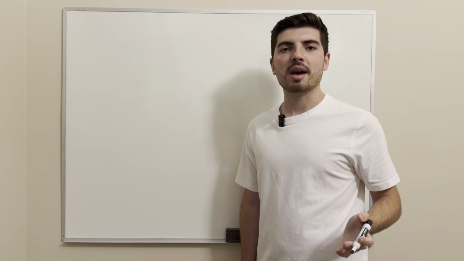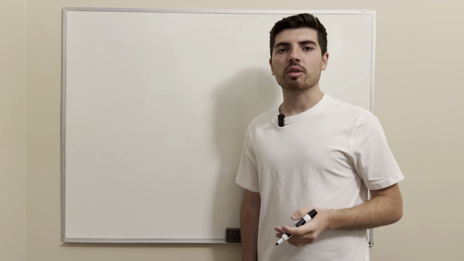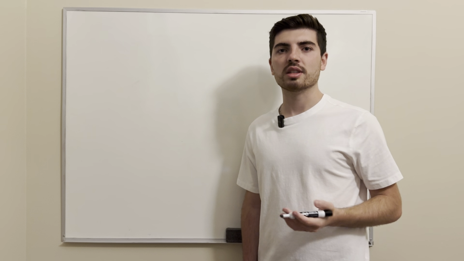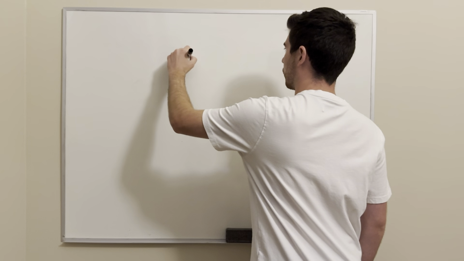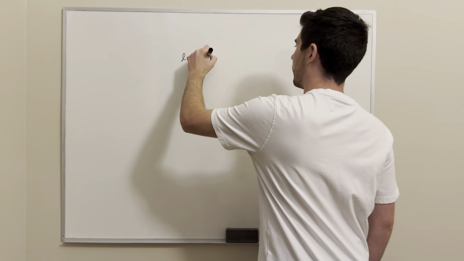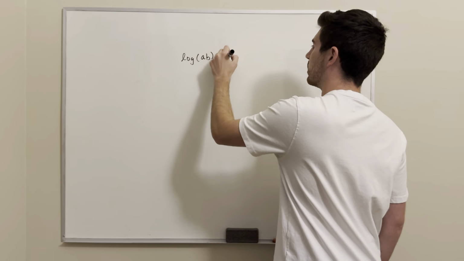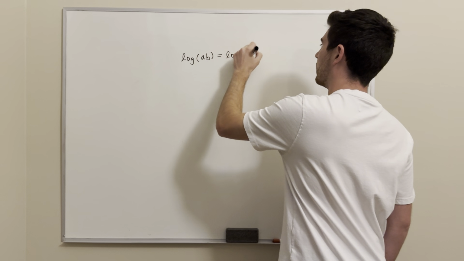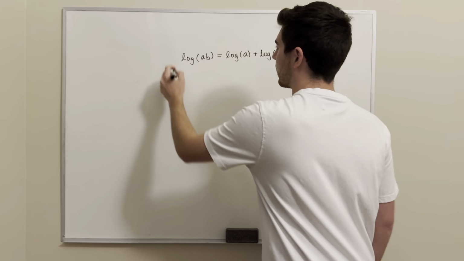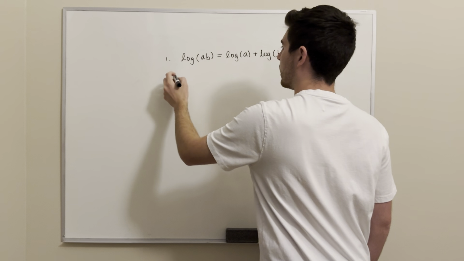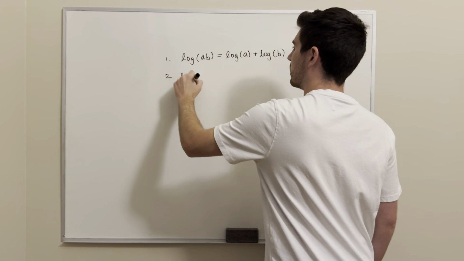Just like many other mathematical objects, logarithms have a set of rules that mathematicians need to follow. The first rule is the multiplication rule. Log of a times b is equal to log of a plus log of b. Next is the division rule.